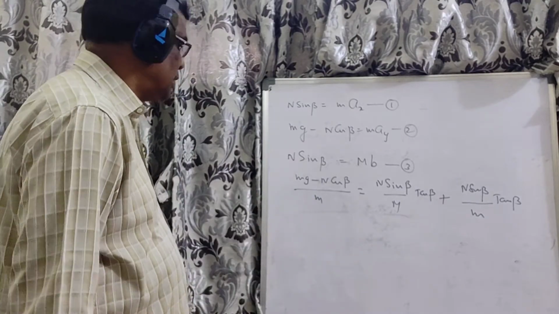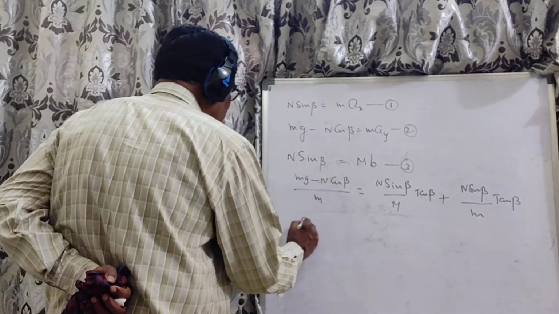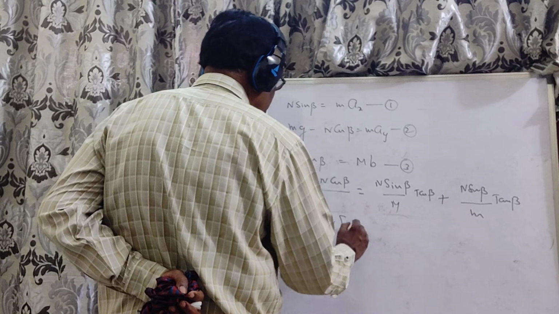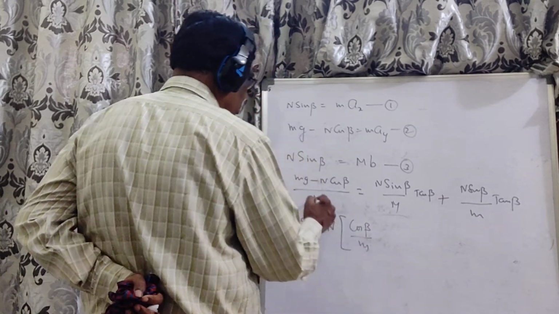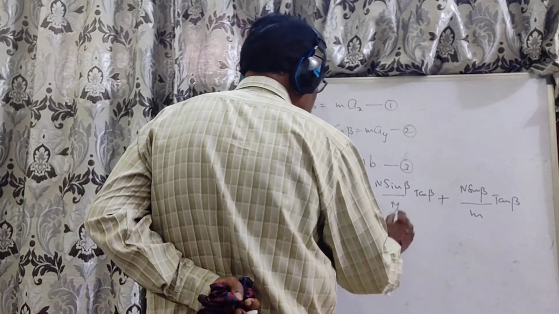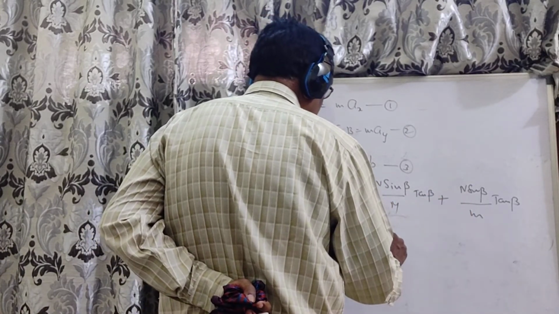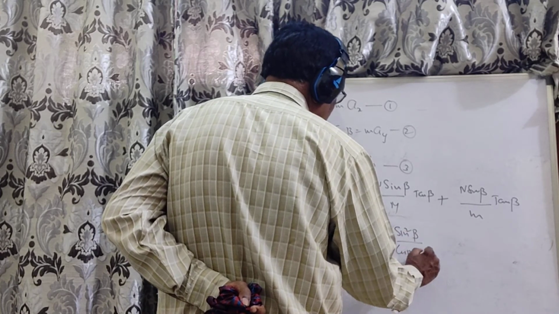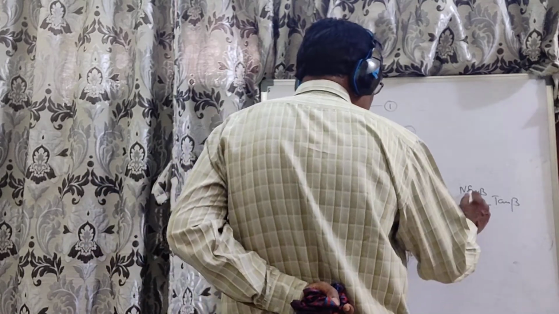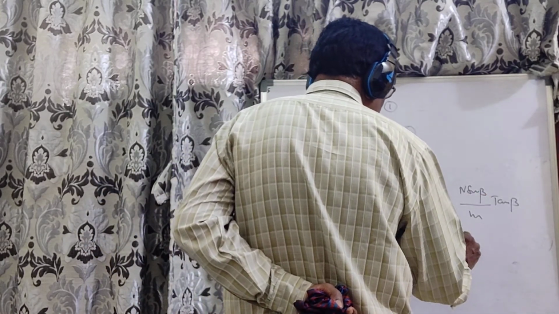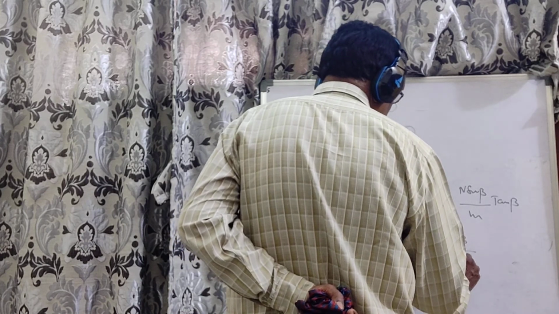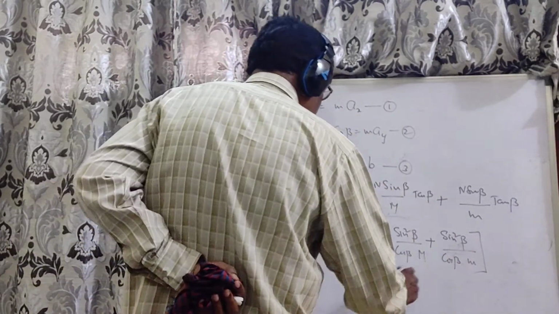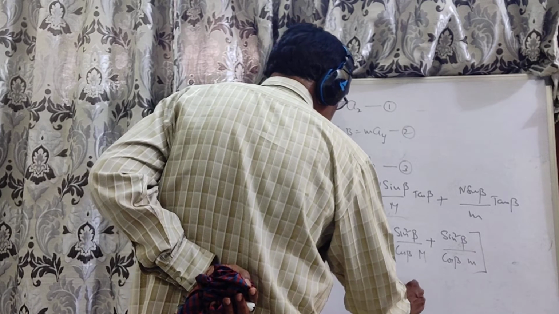Now you have to simplify that. I have to bring everything onto one side. g is equal to, this is N common, cos beta by m, this term, plus sin beta tan beta, that is sin square beta by cos beta capital M, plus again sin square beta by cos beta small m. And now you have to find the LCM.